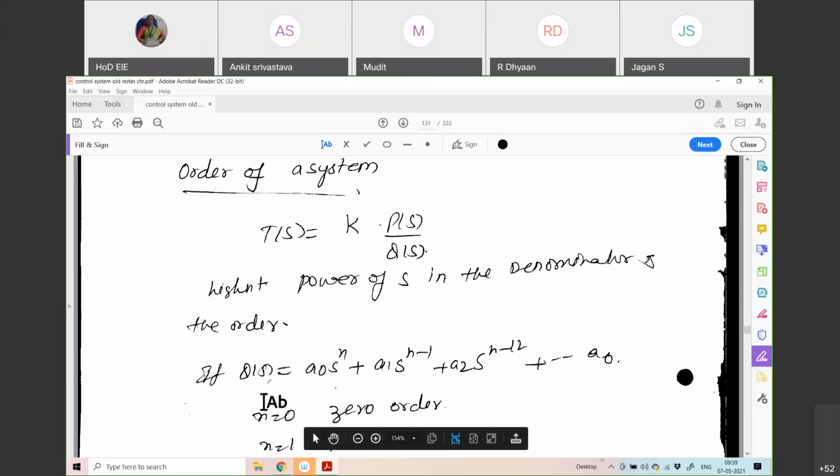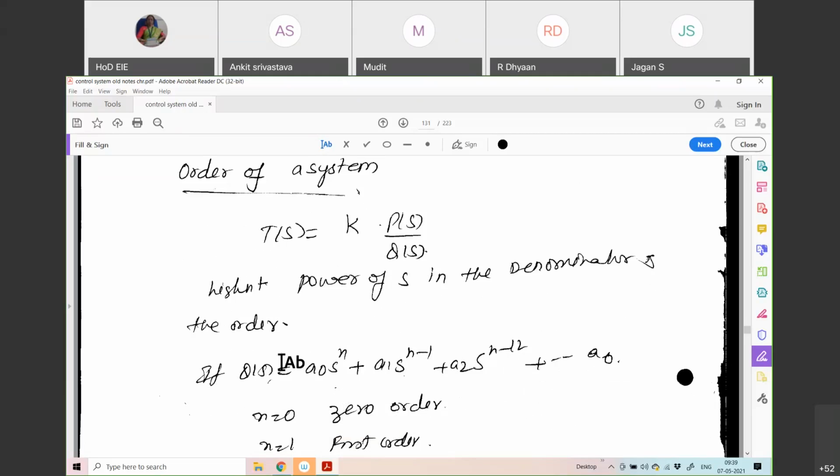For example, because it is in the S domain, Q(S) is indicated in the form A0 into S to the power of N plus A1 into S to the power of N minus 1 plus A2 into S to the power of N minus 2, and so on up to a constant.